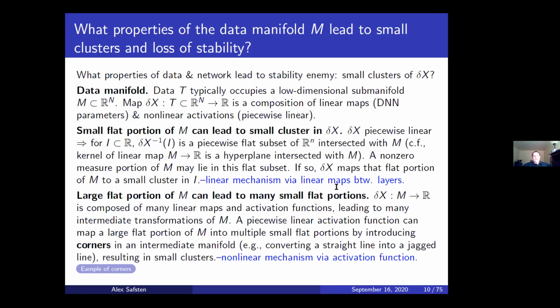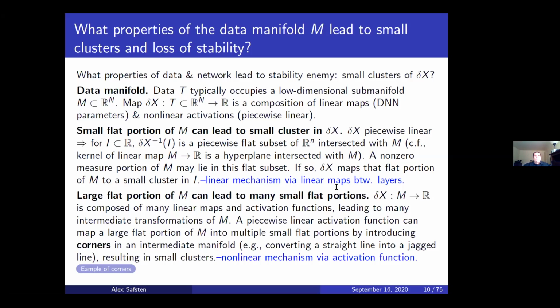We also have a nonlinear mechanism, with linear and nonlinear here referring to the linear and nonlinear maps that both compose the DNN. If we have a large flat portion of M, this in the linear sense is not a problem, because a large flat portion of the data manifold would map to the real numbers by a linear map to possibly a large cluster. But this isn't a problem, because remember that we assume we have only a small number of misclassified objects. So if we see a large cluster, this means that it is a large number of well-classified objects.